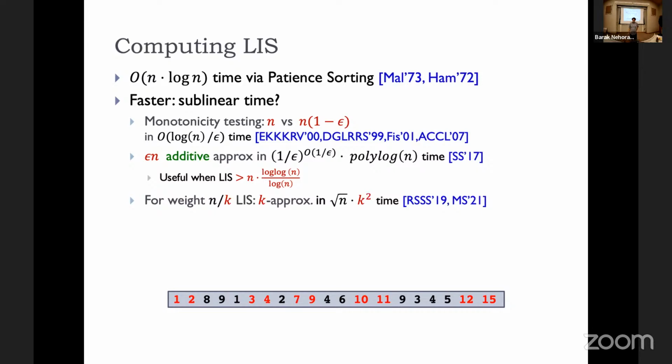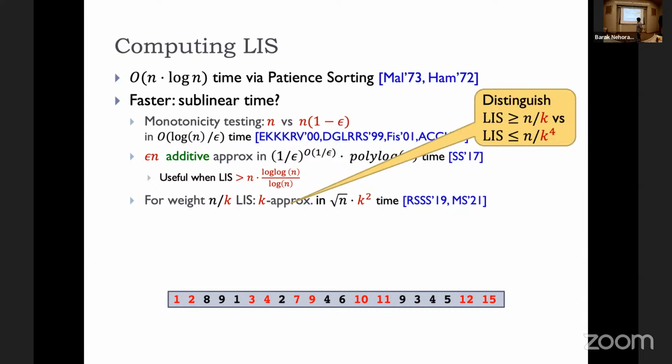Much more recently, the focus has been on handling the other regimes, and in particular, you should think about the context where the LIS is of length n divided by k for some parameter k. The recent results have shown that you can get a k approximation in runtime which is root n times k squared.